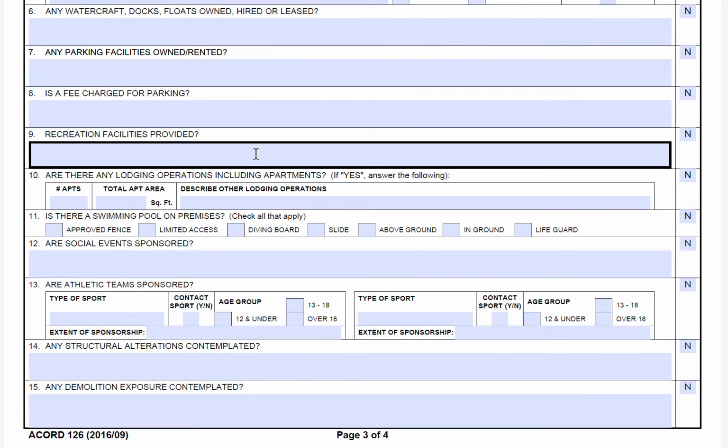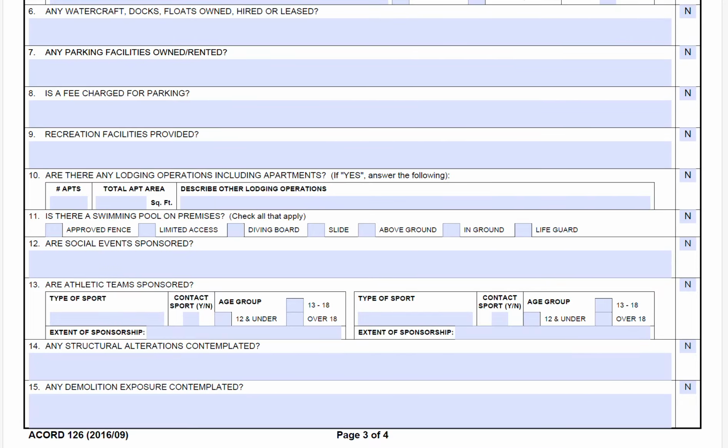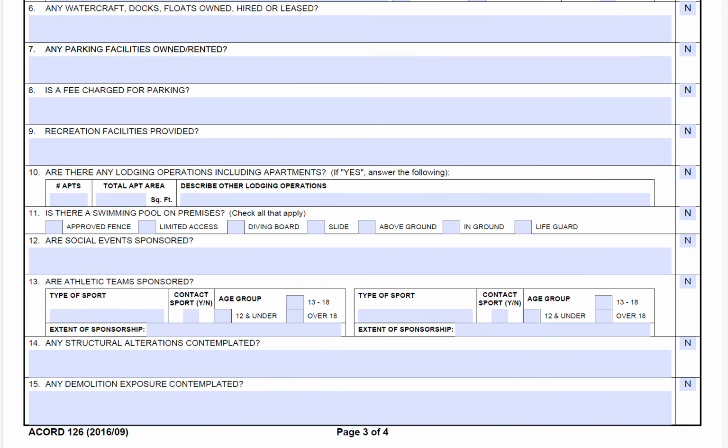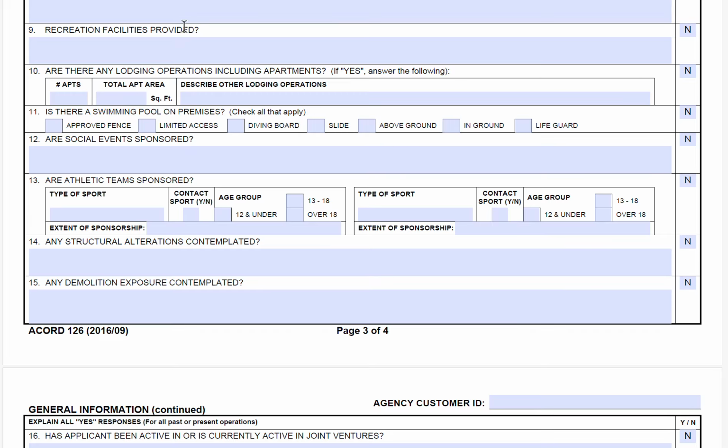Recreational facilities provided, usually with HOAs. You may see that here, and you'll want an explanation of what that is. Are there any lodging operations including apartments? So you'll want the number of apartment square feet and a description of what that lodging operation is.